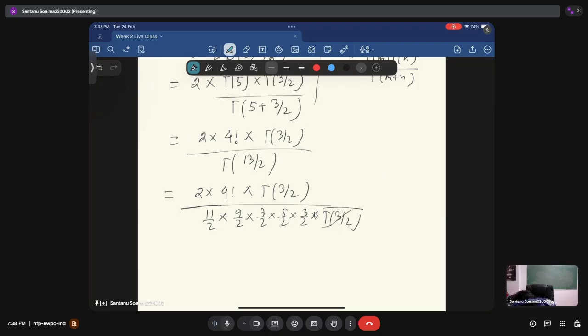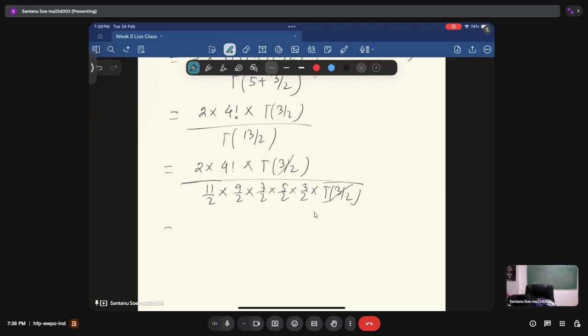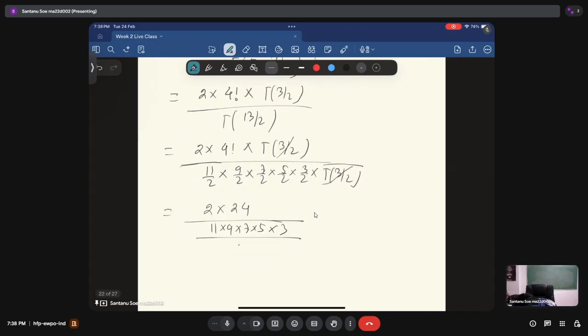Correct? So this 2 will cancel out. So this is going to be 2 times 24 divided by 11 into 9 into 7 into 5 into 3 divided by 2 to the power 5.